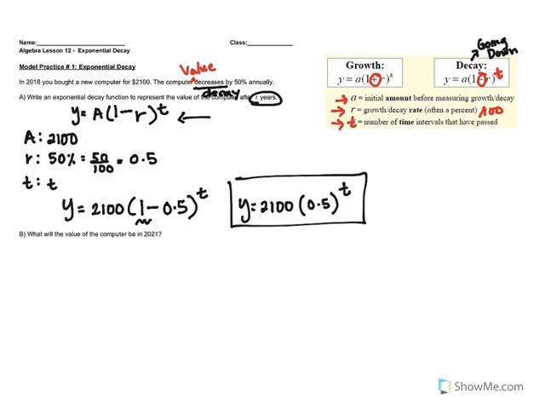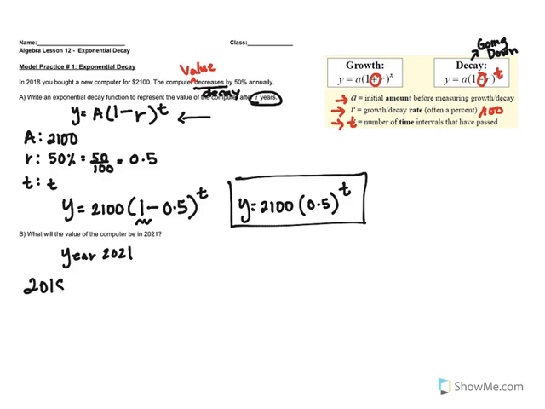It says, what will be the value of the computer in 2021? So I'm looking for the value of the computer in year 2021. Now, that doesn't mean that I'm looking for the value of the computer in 2021 years. I'm looking at the computer that was bought in 2018.